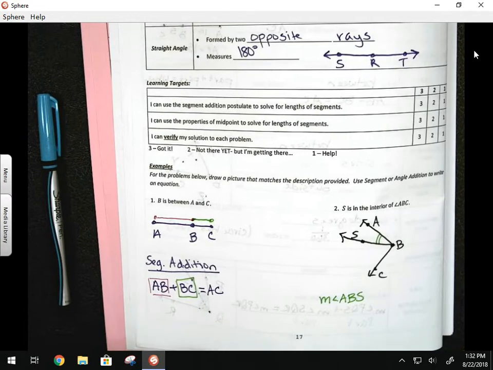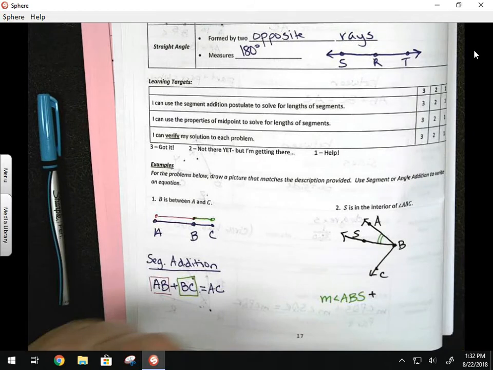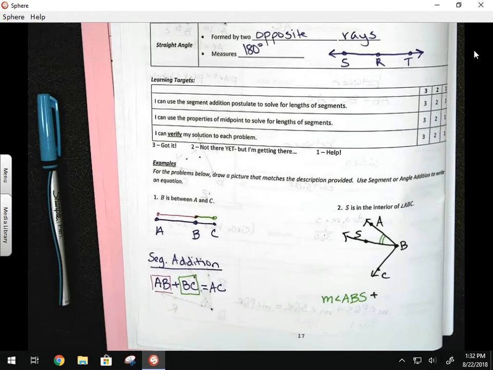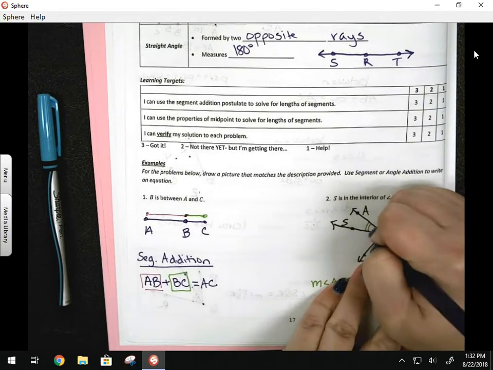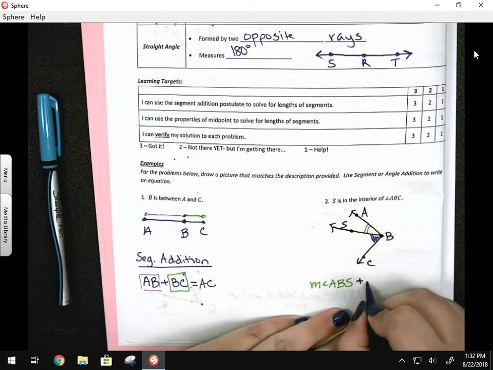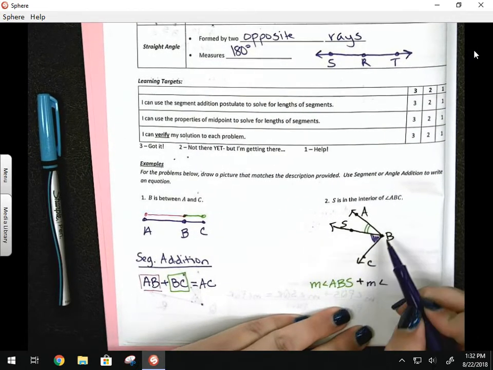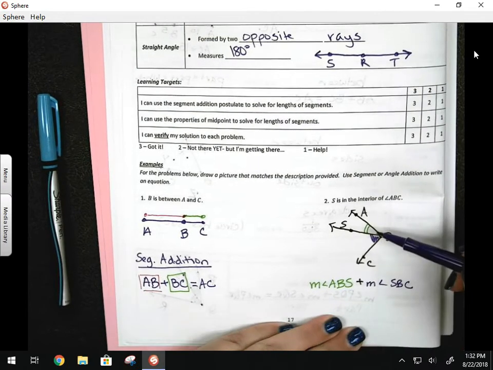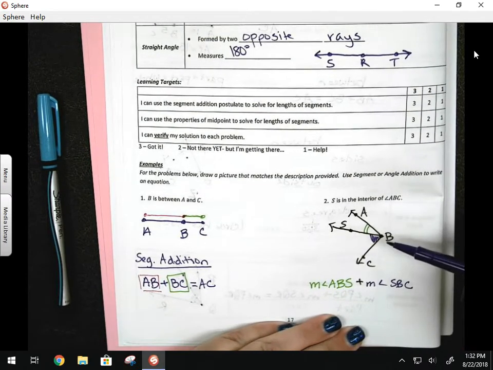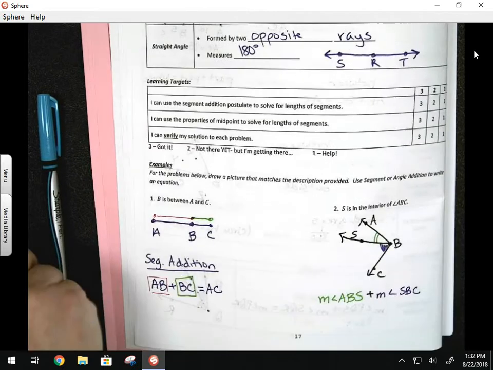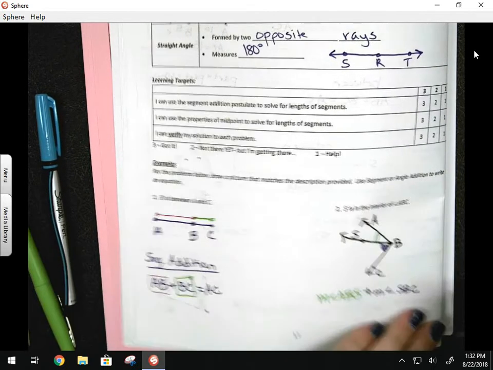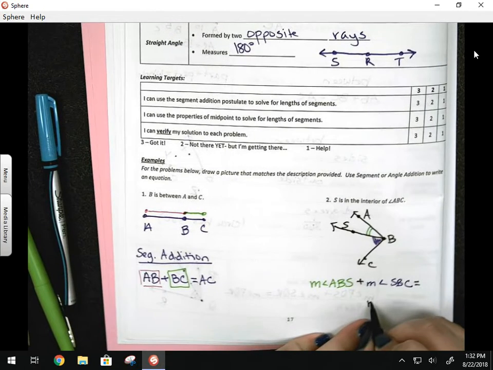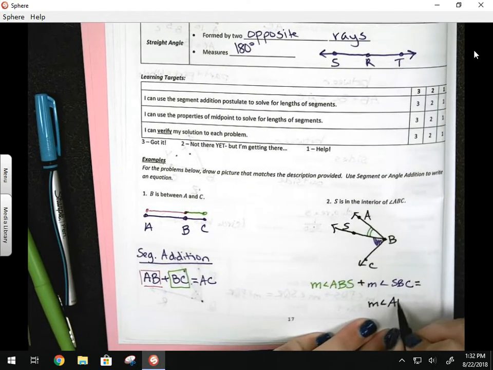All right, and then we also have another angle in there right here. That's our angle SBC. So the green angle is a part, the purple angle is a part, and then the whole thing is equal to the measure of angle ABC.